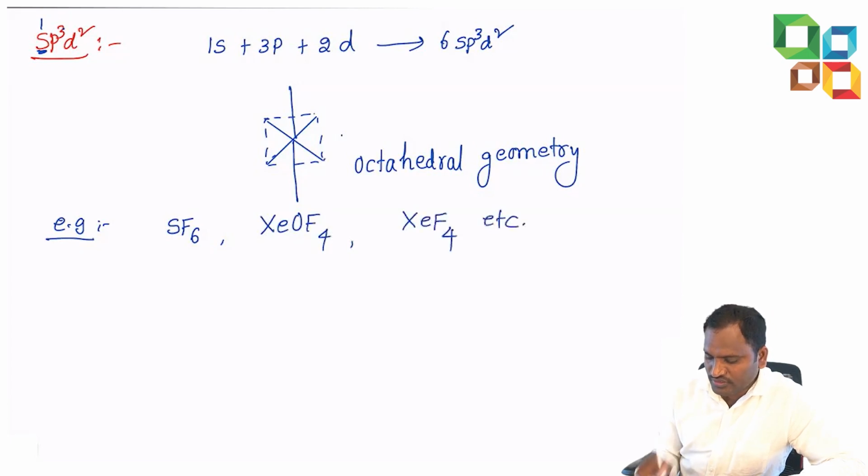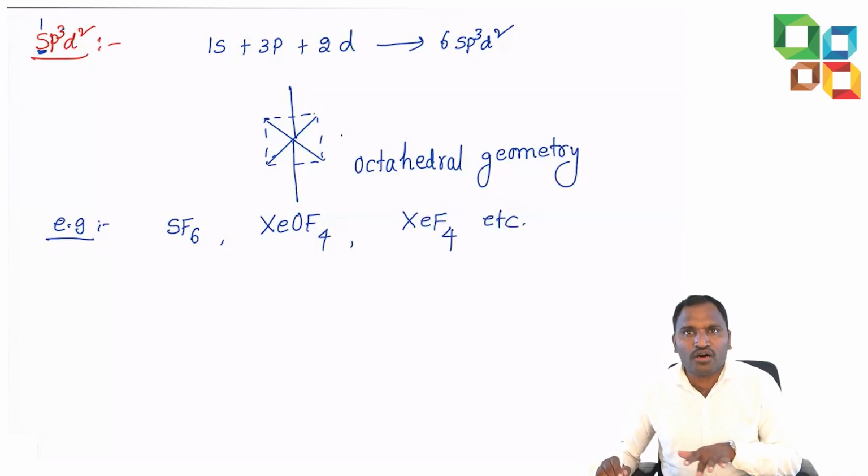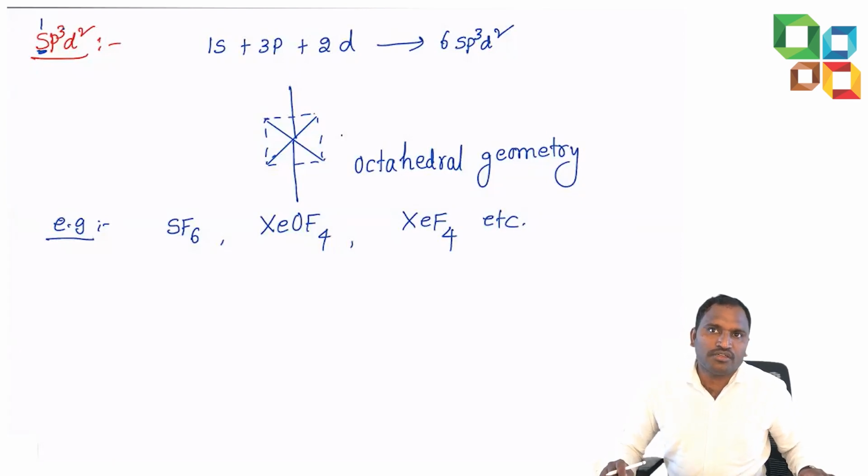These are all undergoing sp3d2 hybridization. And I will tell you how they undergo it. All the molecules I will explain to you, don't worry. Theoretically, I will take only a few, but I told you, a shortcut method is there.